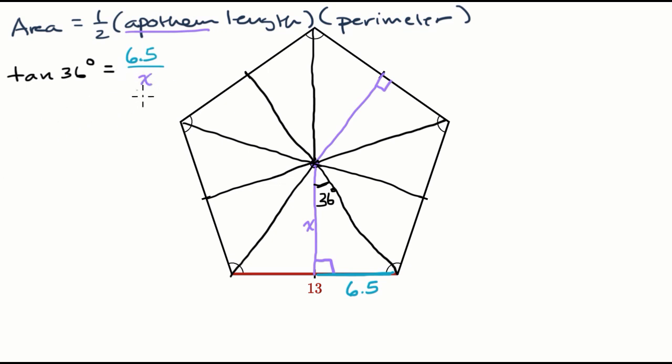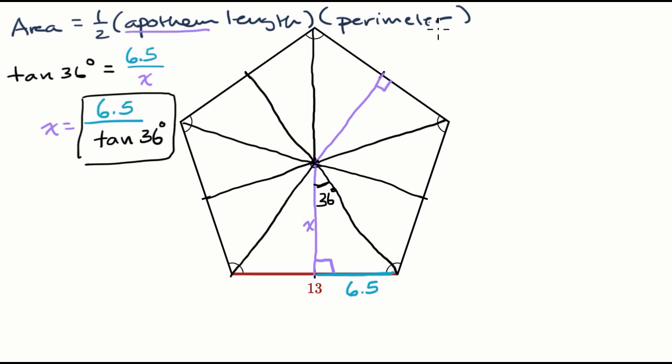And so if I wanted to solve for x, I could just multiply both sides by x and divide both sides by tangent of 36 degrees. And I would get x is equal to 6.5 divided by tangent of 36 degrees. So that's the apothem length, this value right over here.